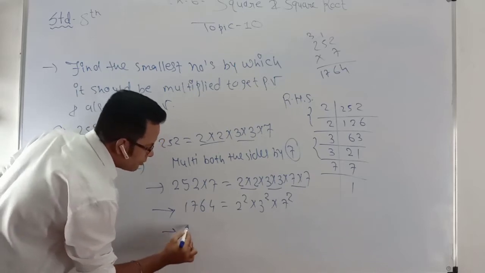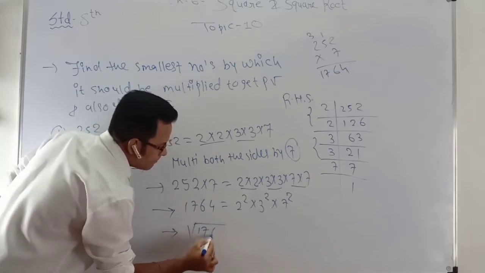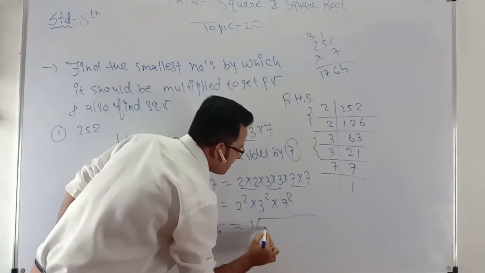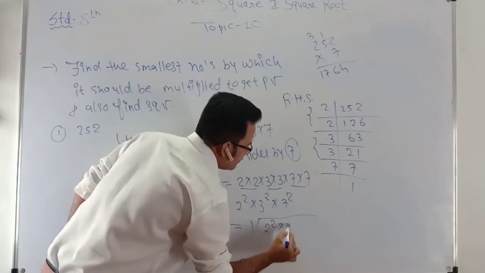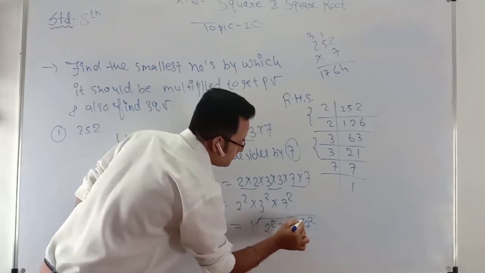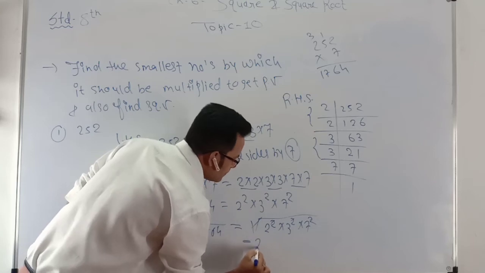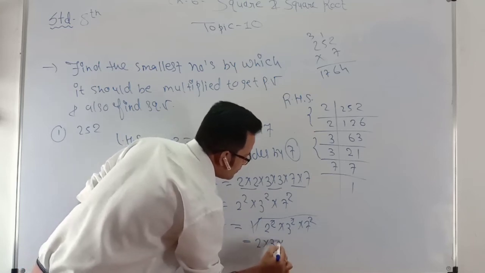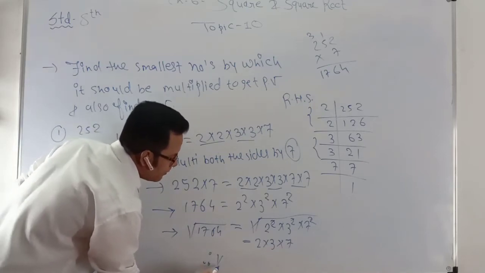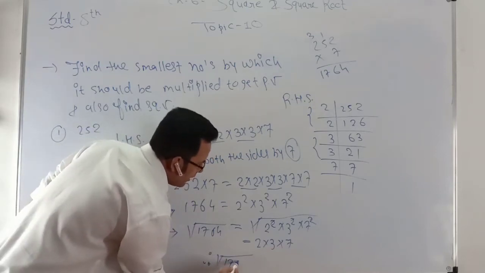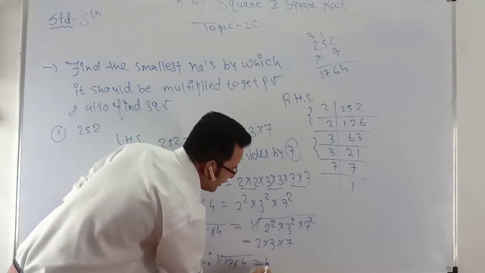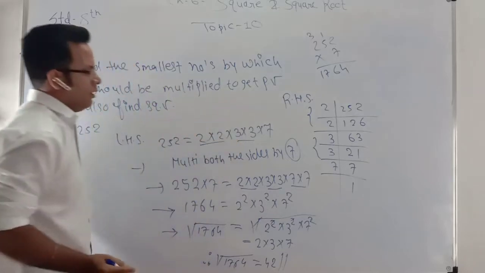Now use square root. So here the square will be removed. Therefore square root of 1764, 2 3s are 6, 7s are 42.